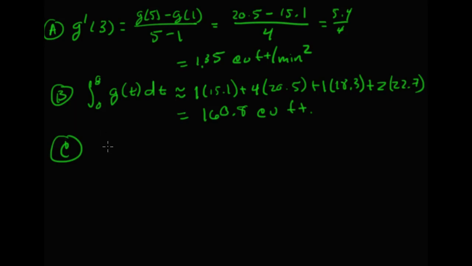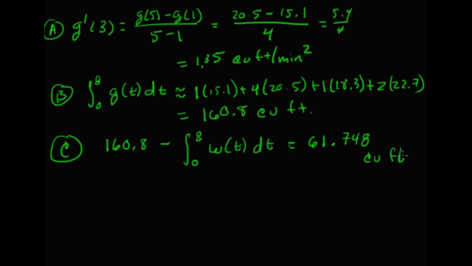The amount of grain in the silo is 160.8, from part B. We subtract the integral from 0 to 8 of W of t dt, because that's the amount of grain that's spoiled from 0 to 8. When you put that in the calculator, the total is 61.748 cubic feet of unspoiled grain.